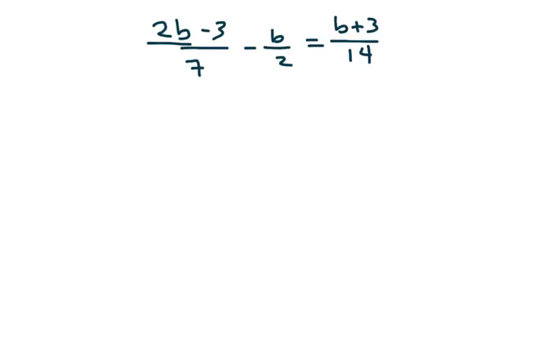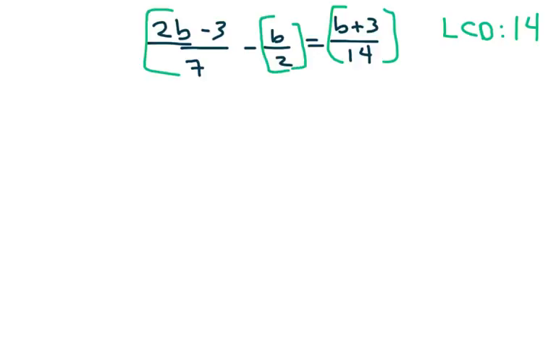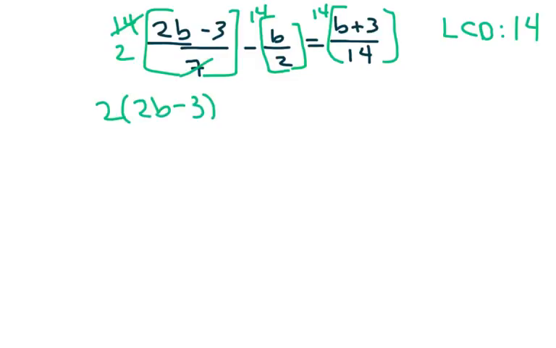Next one. Same thing, we have no restrictions because there's no variable in the denominator. There's no x. So our least common denominator is 14. So I multiply each piece by 14. 7 goes into 14 2 times, so it's 2 times our numerator, minus 2 goes into 14 7 times, so that's 7 times 6.